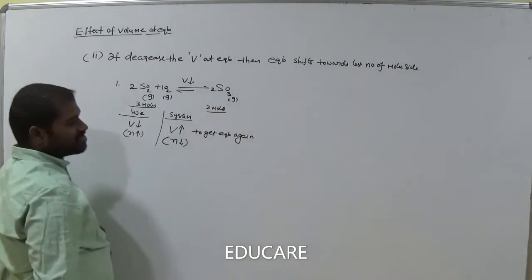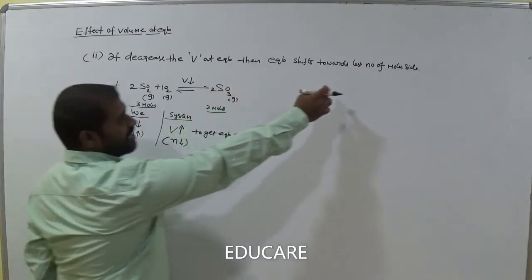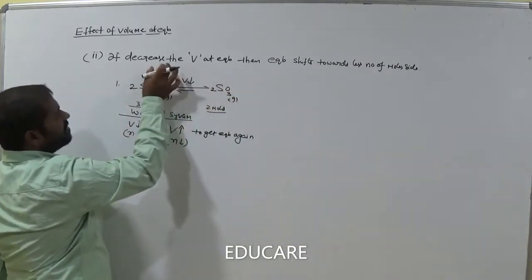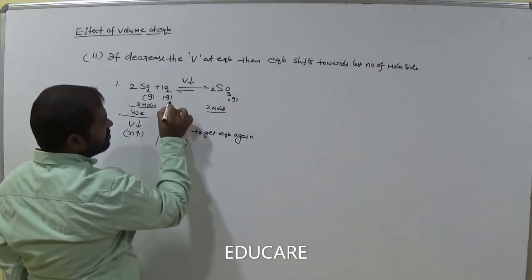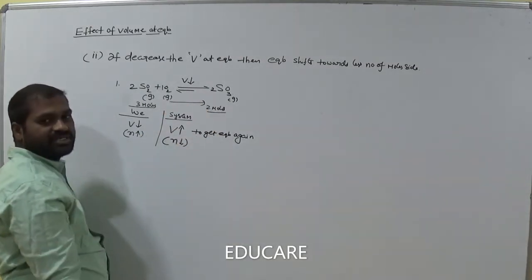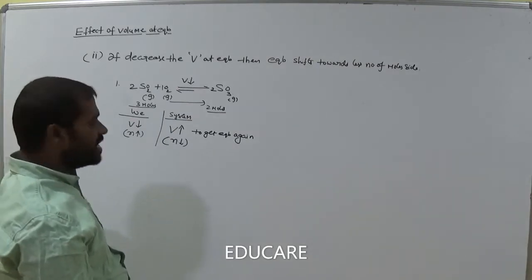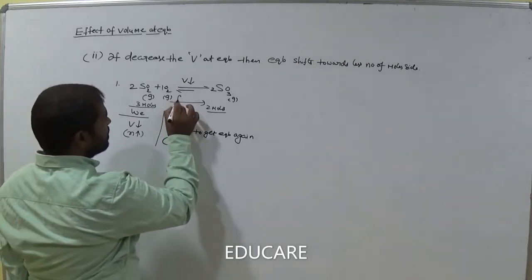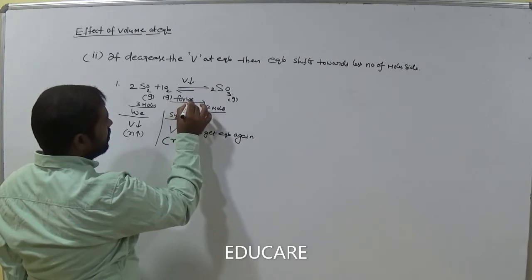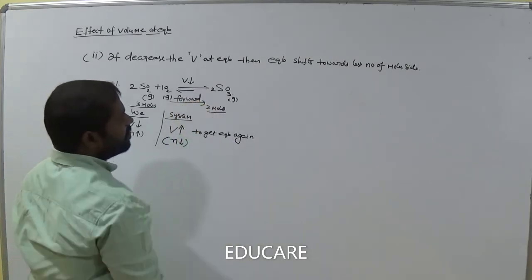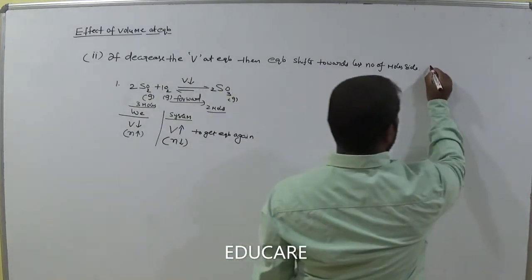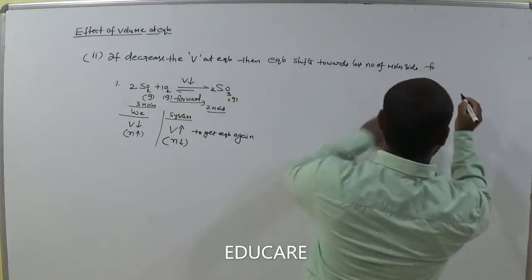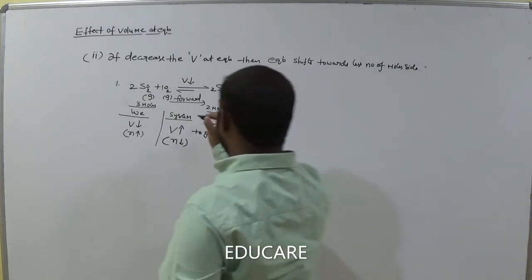So when volume is decreased, the reaction proceeds towards the less number of moles side, which means the forward direction. So the forward reaction takes place here.